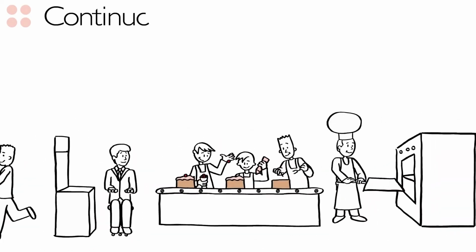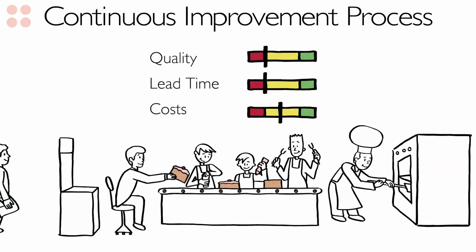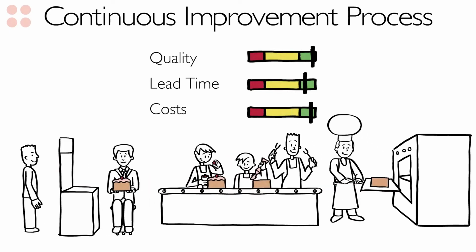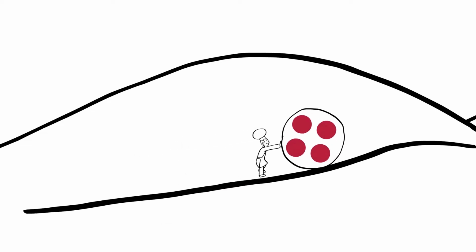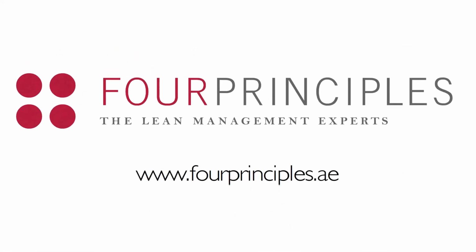Combined with a robust continuous improvement process, the 4 principles of lean management will help your company stay ahead of the competition in a constantly changing marketplace. So, if you're ready to begin your lean journey, contact us today. Let us show you how lean can bring out the best in your business.